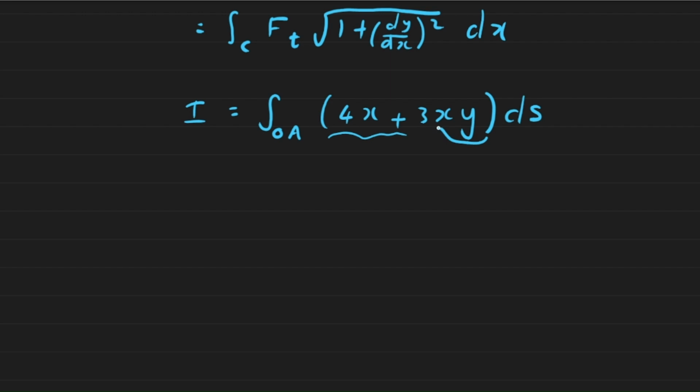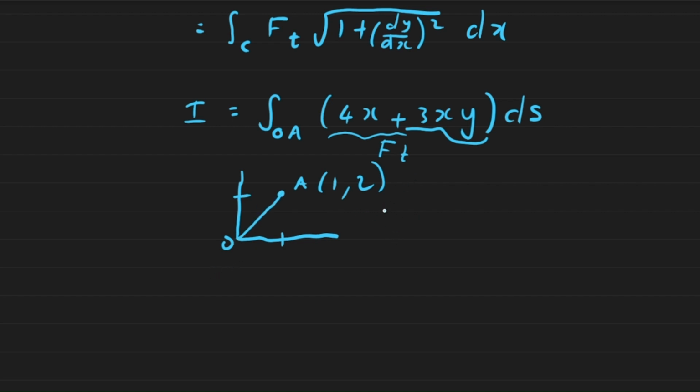So this 4x plus 3y is our function. We are evaluating this line integral between 2 points, the origin and some other point A, where A is the coordinates (1, 2). And joining OA is a straight line.